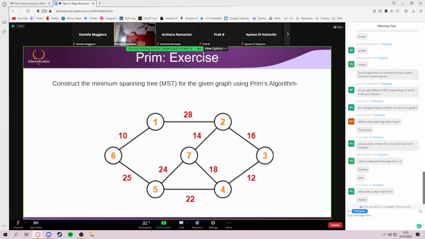All right, so let's do the exercise, and I promise it's going to make more sense. I know it's a bit abstract now, but once we've done the Kruskal algorithm, the Prim will also make more sense.